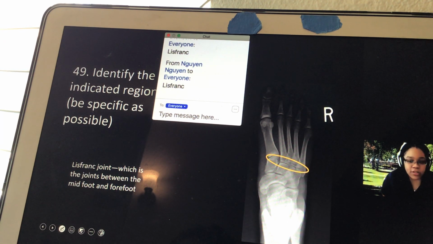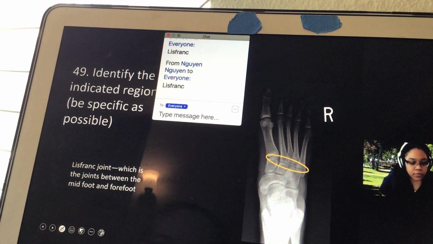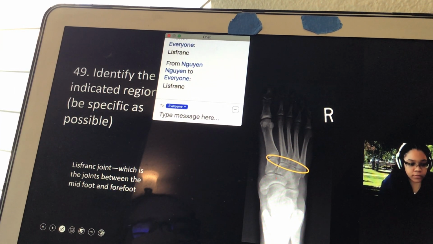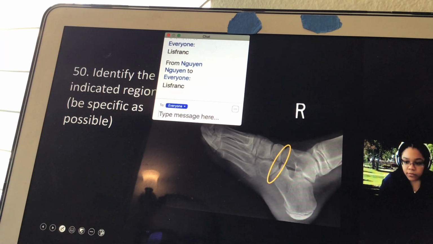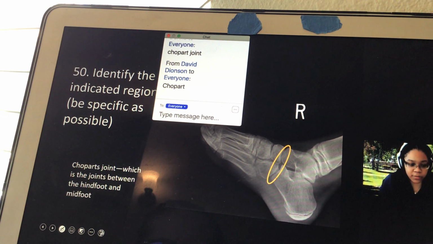So tarsometatarsal and Lisfranc, you can use those interchangeably. And then the area that separates hindfoot from midfoot is our Chopart's joint.